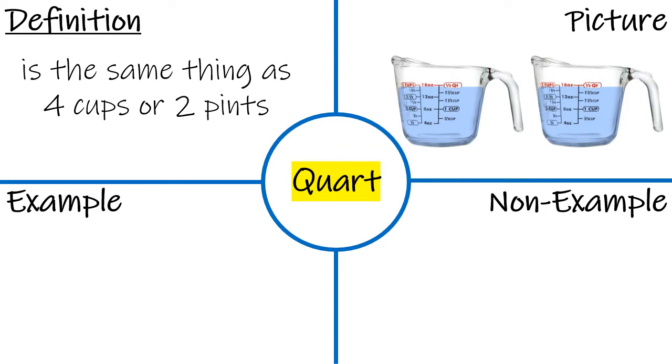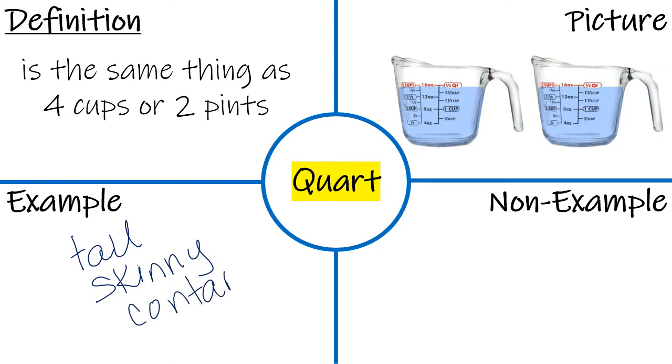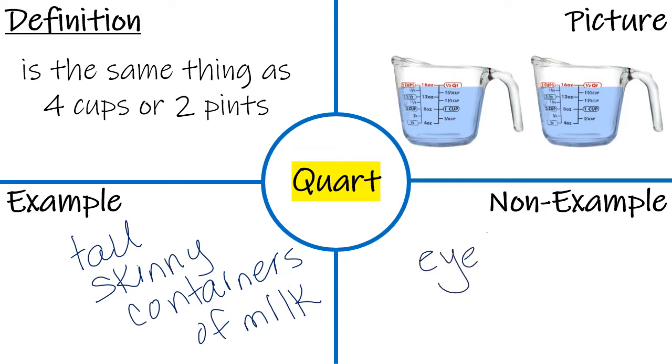The tall, skinny containers of milk. I think you know what I'm talking about. You might have one in your house. Sorry, it's messy. Goodness. Non-example, well, an eyedropper. That's way too little.